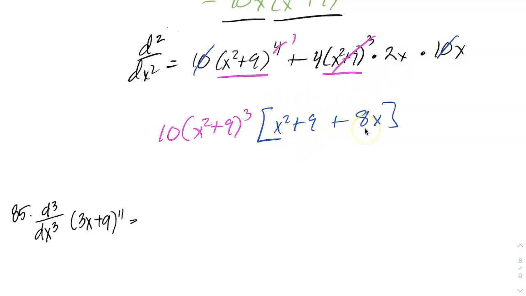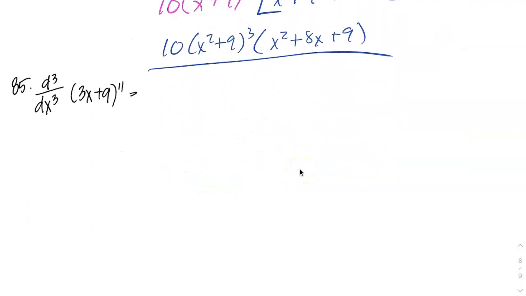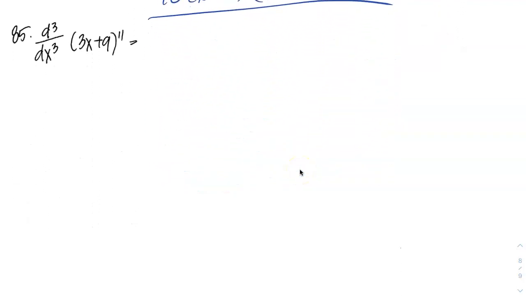So you just combine like terms. There's really not much you can do on that side in this case. So I get x squared plus 8x plus 9. And that's it, simplified all the way down. So you will see this on a quiz or a test, and most likely on the AP exam. It will be one of these on the multiple choice, but we want you to simplify all the way down to here.